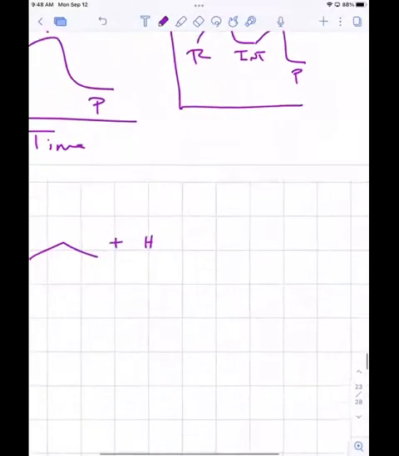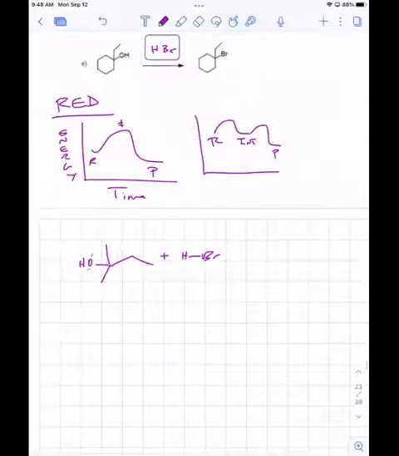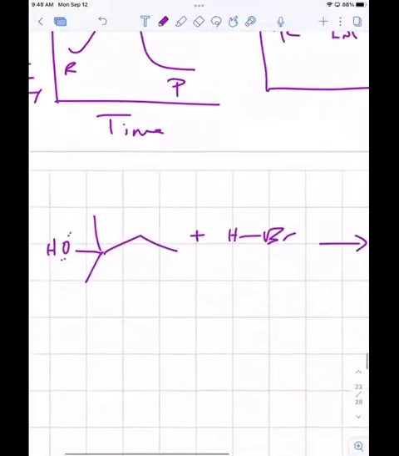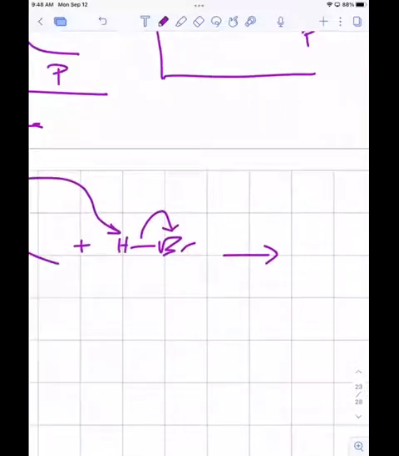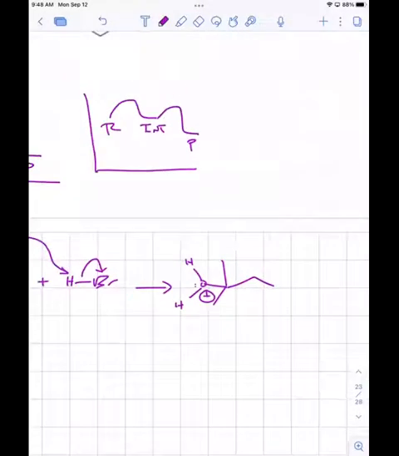Yes. HBr. Right. First step is what? We got 2 minutes. Is it proton transfer? Is that right?